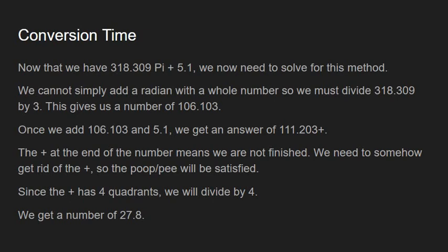The plus at the end of the number means we are not finished. We need to somehow get rid of the plus so that the poop and P theory will be satisfied. Since the plus has 4 quadrants, like we have talked about with the unit circle, and how there are 4 quadrants to the unit circle, all adding up to 360 degrees, we can divide this by 4, and we get a simple number of 27.8, a lot smaller than 111.203 plus.